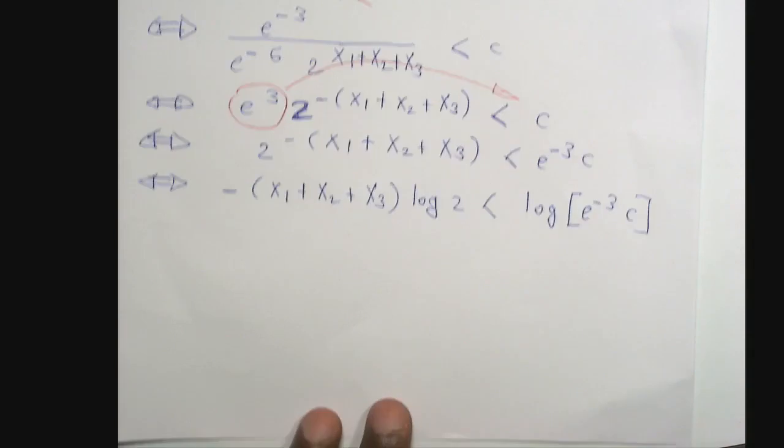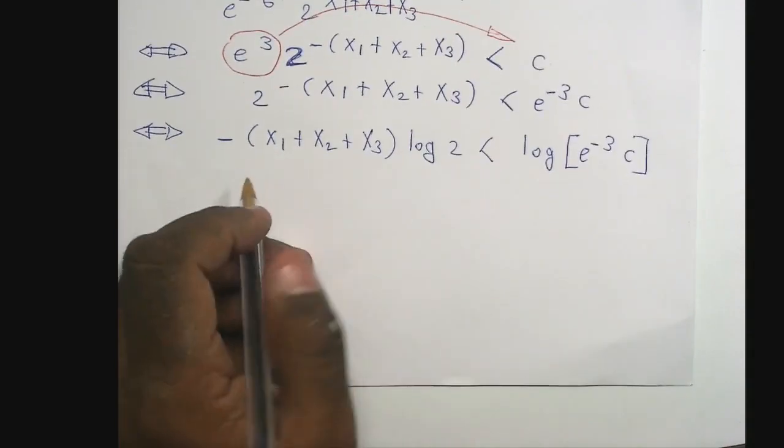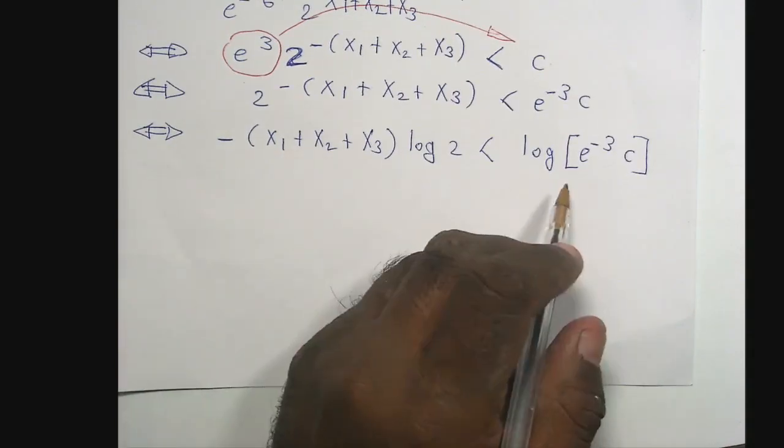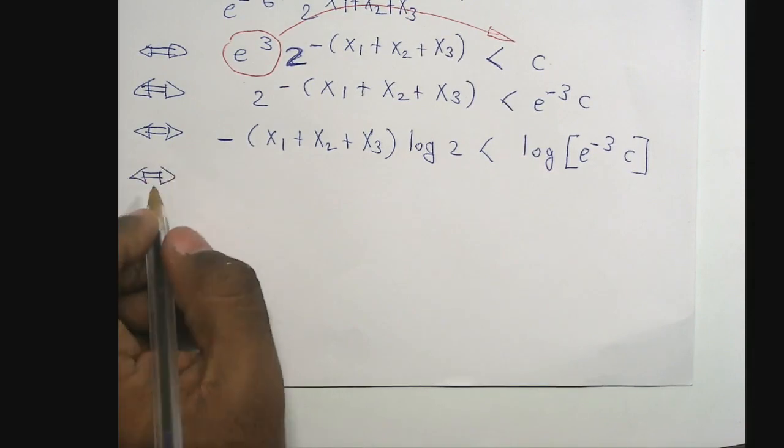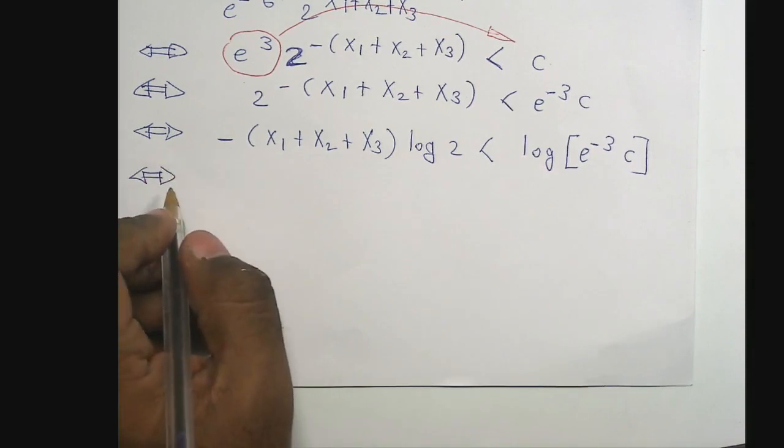And in the next step I'm going to divide the left and the right hand sides by minus of log 2. Now if you divide an inequality by a minus number, the sign will change, okay?